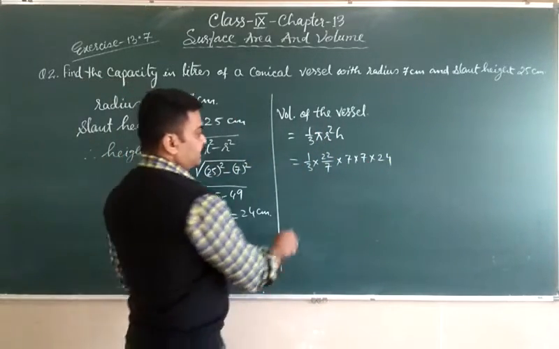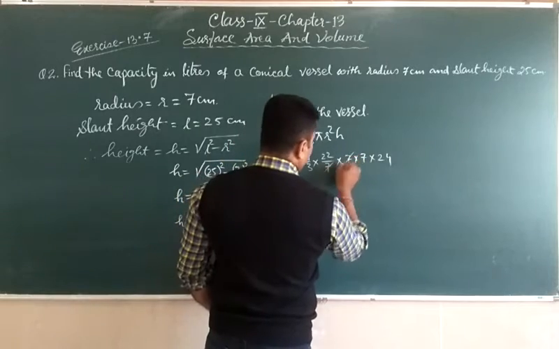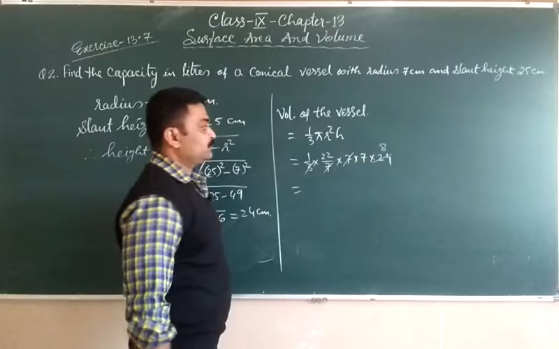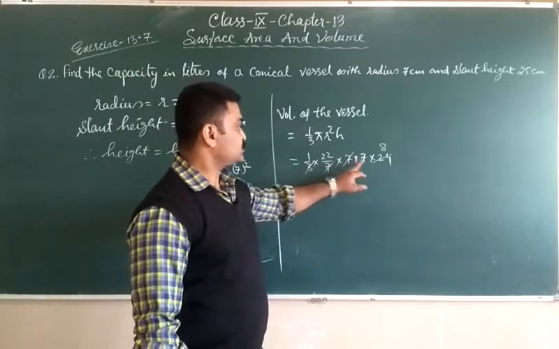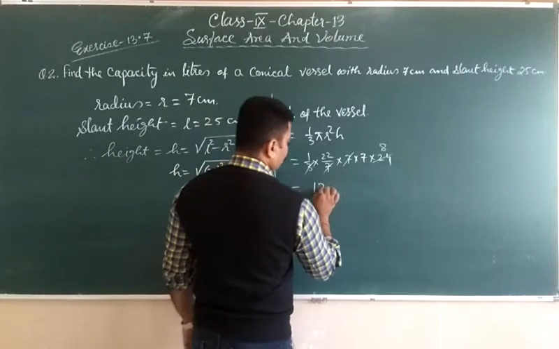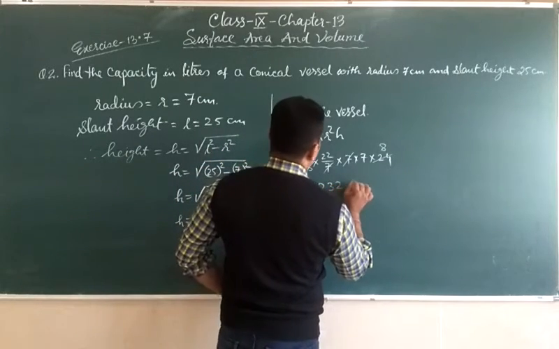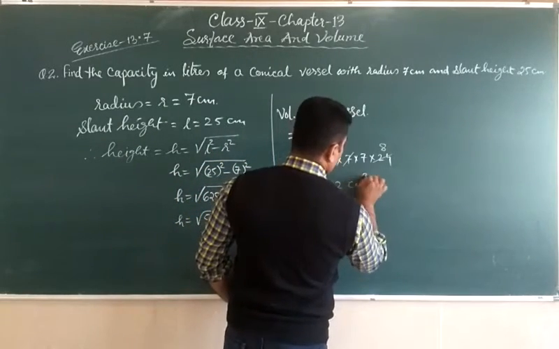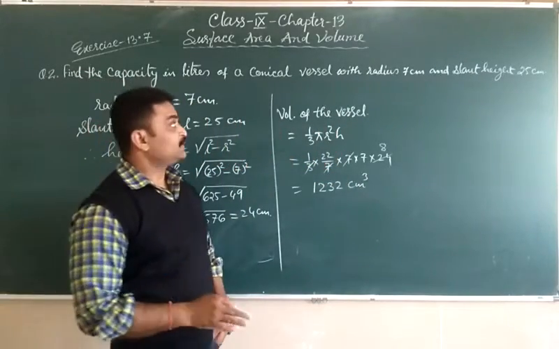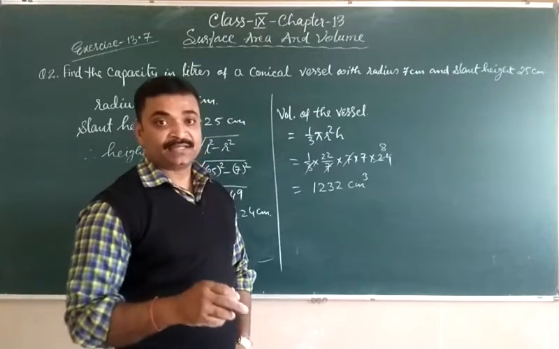Clear? Now 7 cancel, 3 1 3, 3 8 24. Now after multiplying 22, 7 and 8, you will get 1232 centimeter cube. Clear?